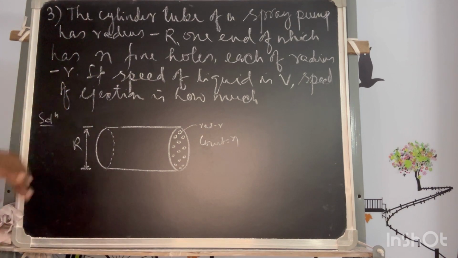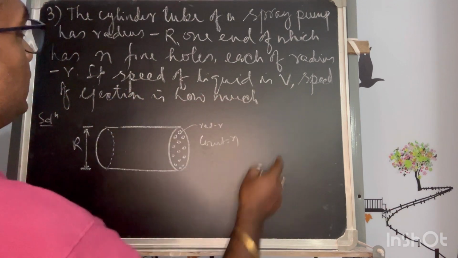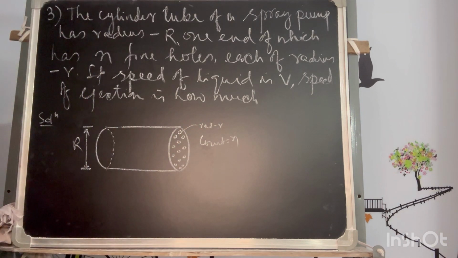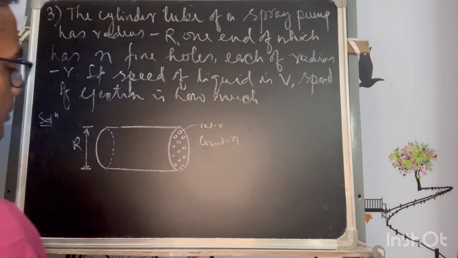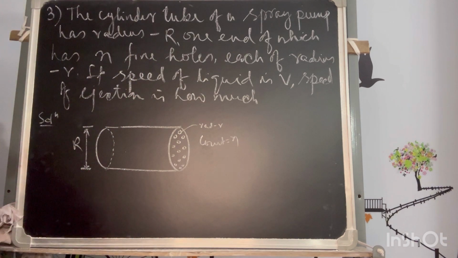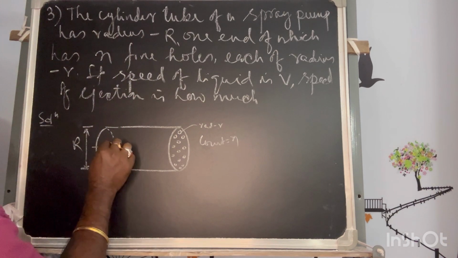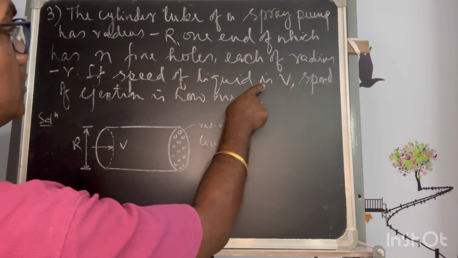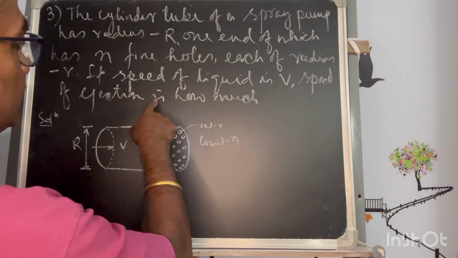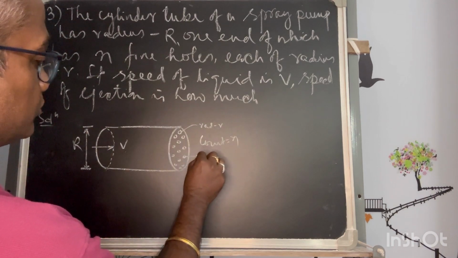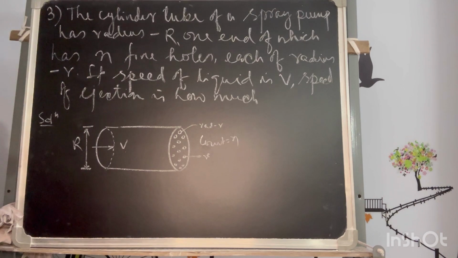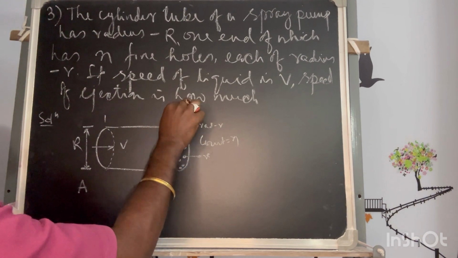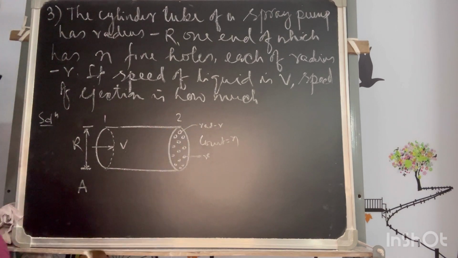As this is spraying, we can take it as a steady flow state, and we'll use the equation of continuity. The flow in has velocity v, and through each hole, what is the speed of ejection? Ejection means through each hole what will be the velocity. So this cross section is position one, this is position two. In position two there are n holes.